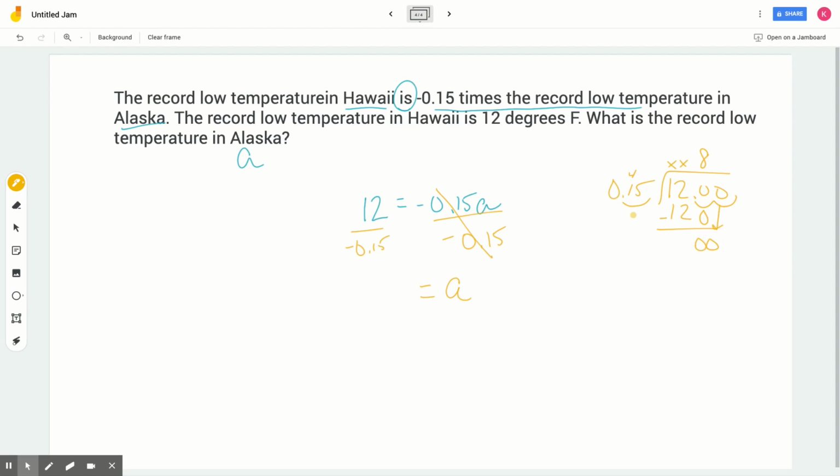We bring down our 0 and we know that 15 can't go into 0. Bring that decimal point straight up. Positive divided by that negative is a negative. So our answer is negative 80. So A equals negative 80. So we can say that we know that the record low temperature in Alaska is negative 80 degrees.